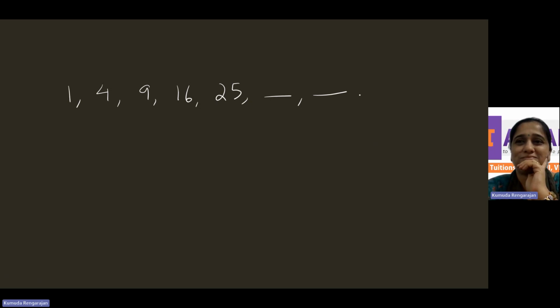Put any letter here. You see, algebra. You're thinking beyond what is needed for this sum. So you're saying letters can be used. Then I can say drawings can be used.